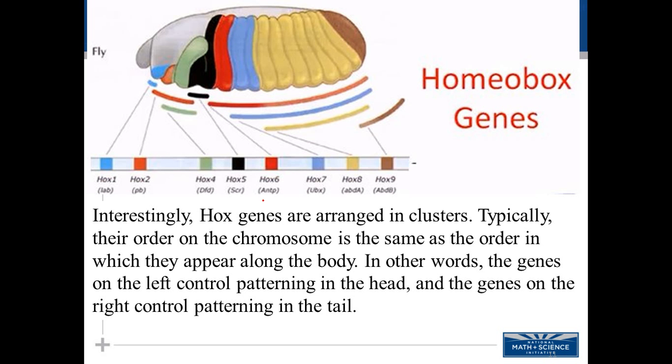In other words, genes on the left here control structures found on the anterior portion of the body or in the head, whereas genes over here on the right-hand side control patterning found in the tail, maybe for legs.